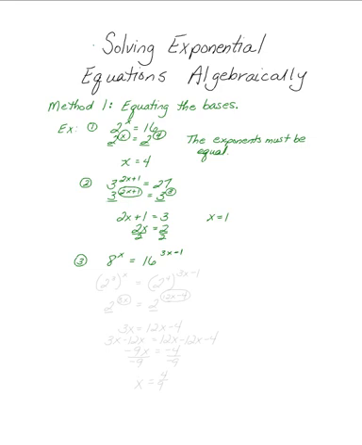But 8 and 16 are both powers of 2. So let's write those as 2 raised to powers. So 8 is 2 cubed. 16 is 2 to the 4th power.